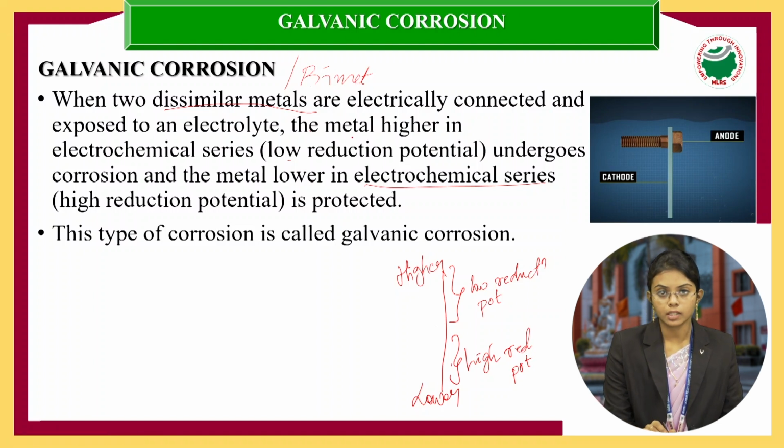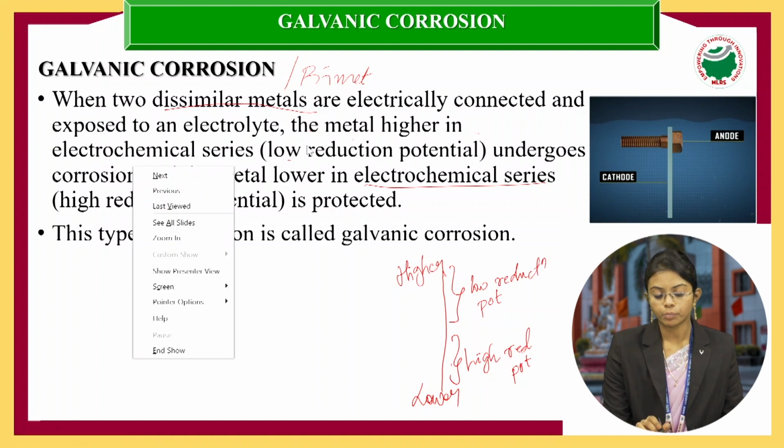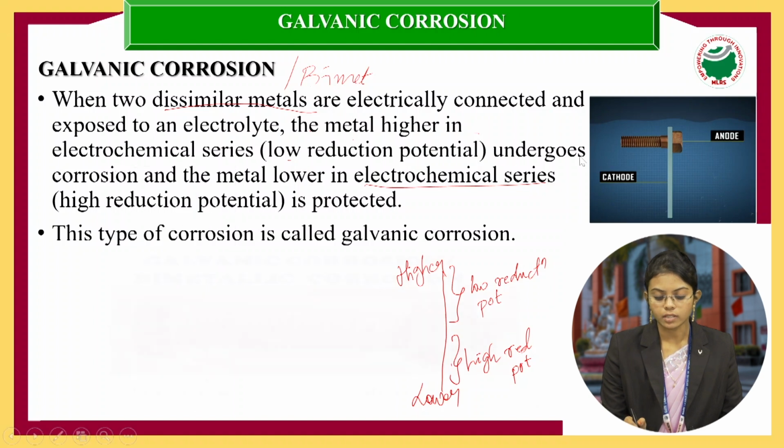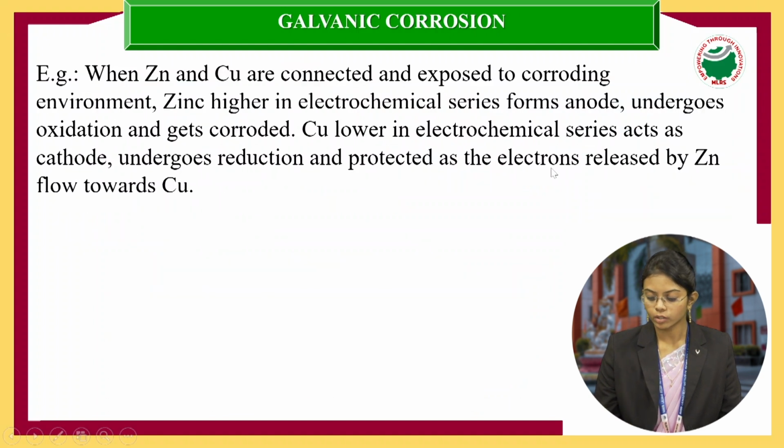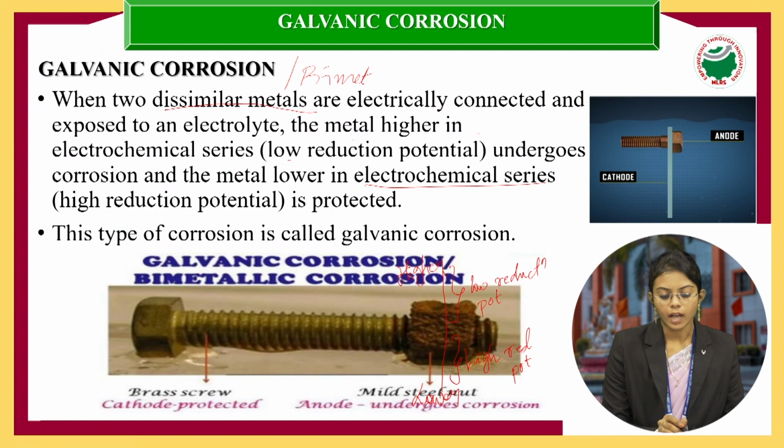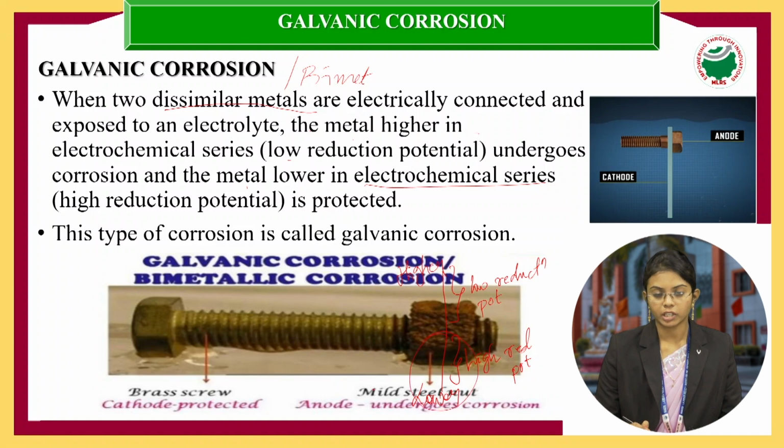So the metal higher in the electrochemical series, that means having a low reduction potential, undergoes corrosion, and the metal lower in the electrochemical series will be protected because these metals are passive, not reactive. This type of corrosion we call galvanic corrosion.